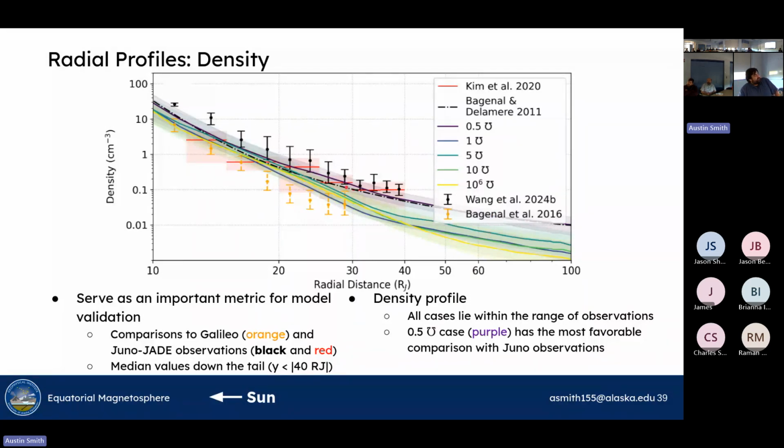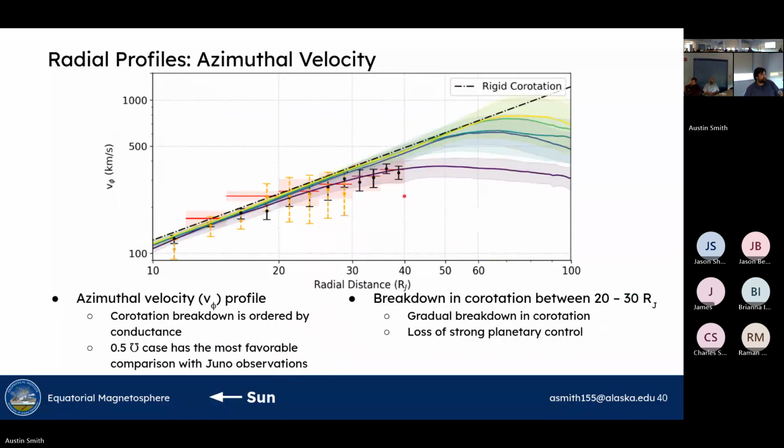We can see that all of the model cases basically lie in this range between the Juno observations and the Galileo observations, which go out to 40 RJ. And beyond that, the 0.5 mho case is also sticking nicely to this empirical profile. So in this case, the 0.5 mho case is comparing the best with the observations.